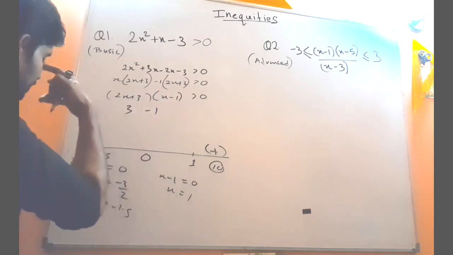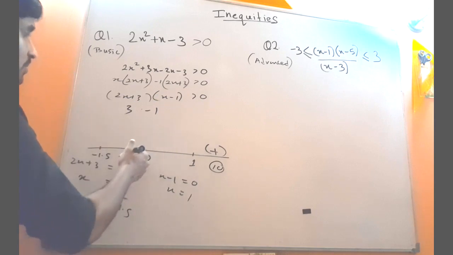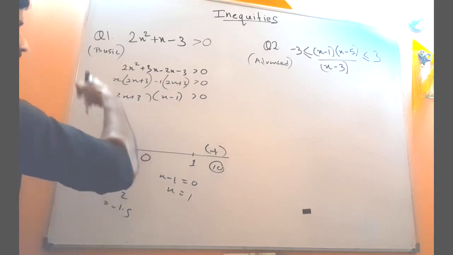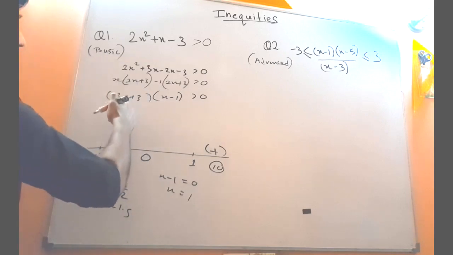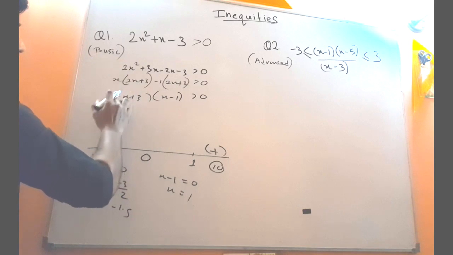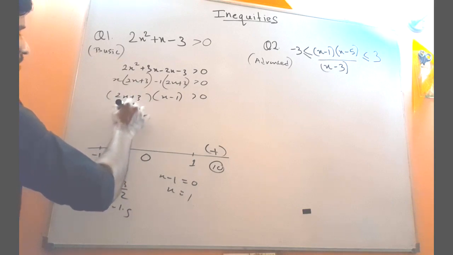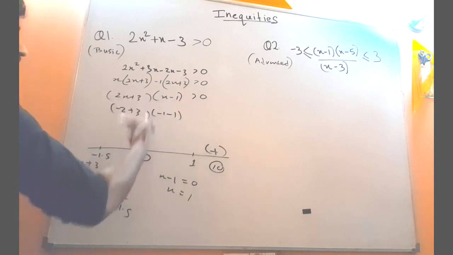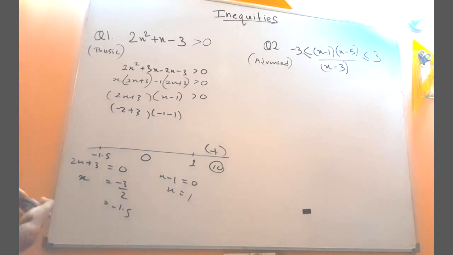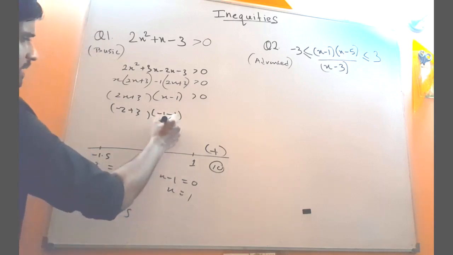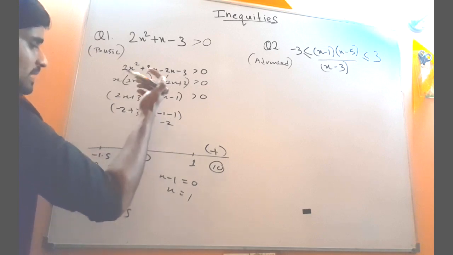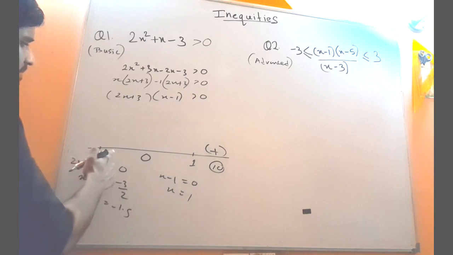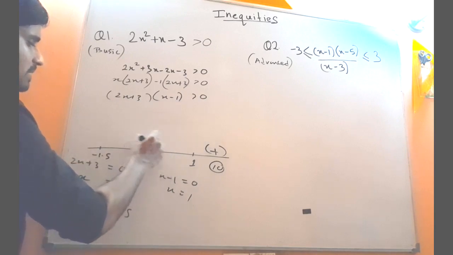Even if you put minus 1, you get minus 2 plus 3, which is 1, and then minus 2, so the answer is negative. It is clear that in between minus 1.5 and 1 you get negative values.